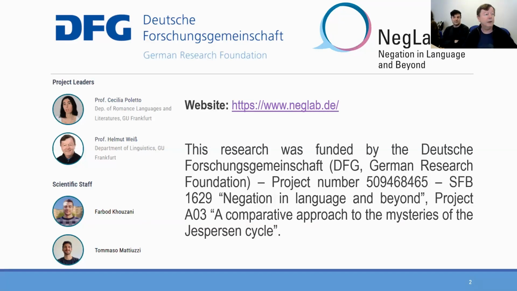The title of the project is A Comparative Approach to the Mysteries of the Jespersen Cycle, and it consists of a German and an Italian part. Responsible for the Italian part is Cecilia Poletto, and I am responsible for the German part, and our scientific staff is Farbod Khouzani, who is here with me, and Tommaso Mattiuzzi for the Italian part.